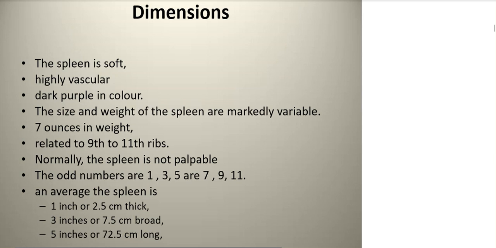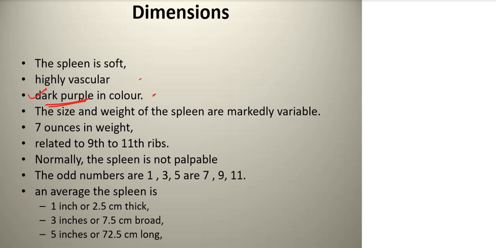The measurement of the spleen: it is soft in nature and a highly vascular organ. The color is dark purple, the only organ in our body whose color is dark purple.